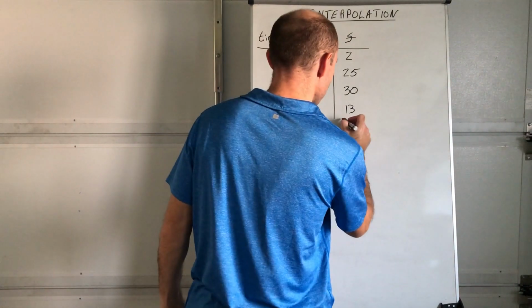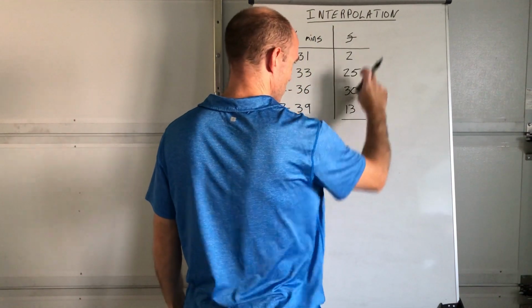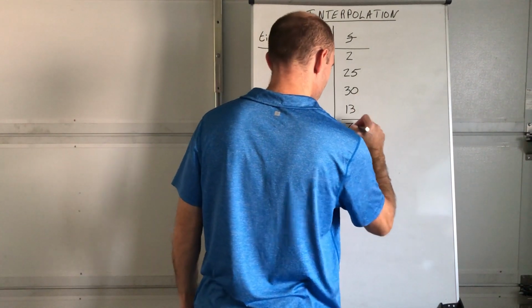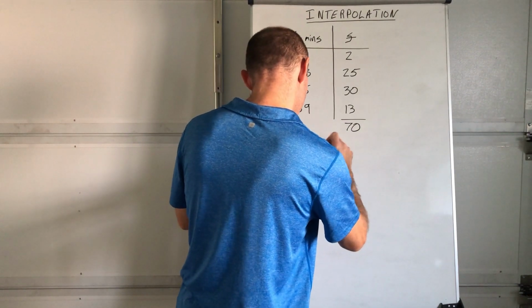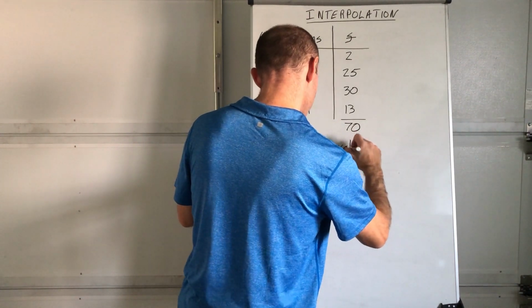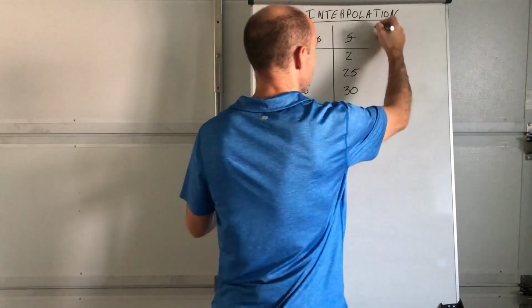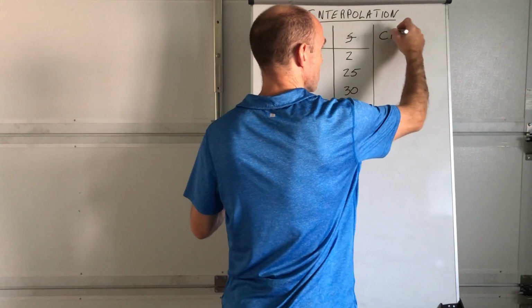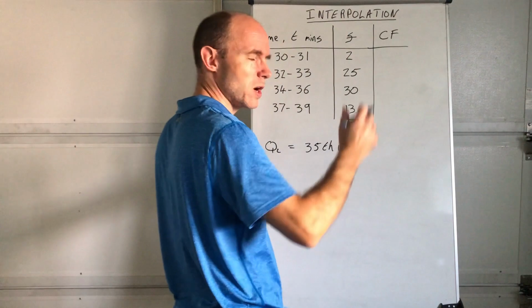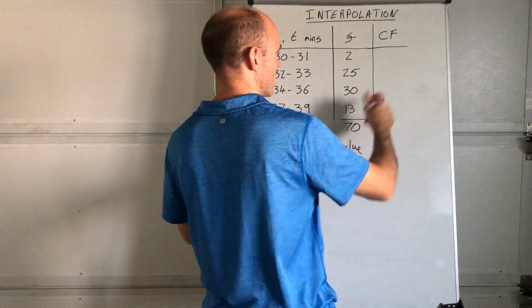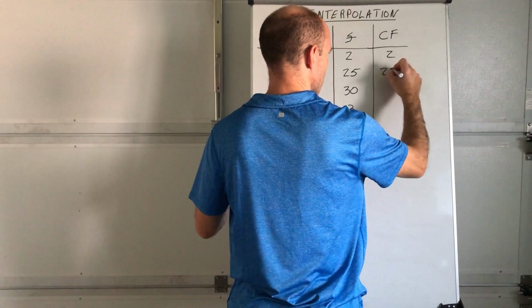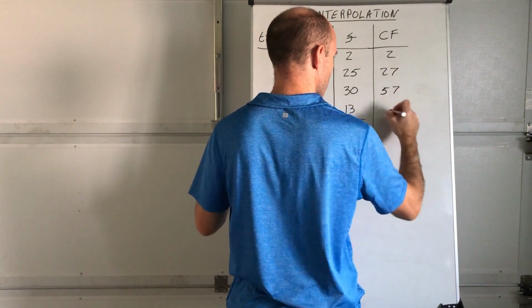First of all, see how many data values there are: 27, 30, 40, 70. So we're going to have the 35th value for the median. Where does that lie? Let's do the CF column, because you've got to do the cumulative frequencies when you're working out which class to choose. So 2, 27, 57, 70.